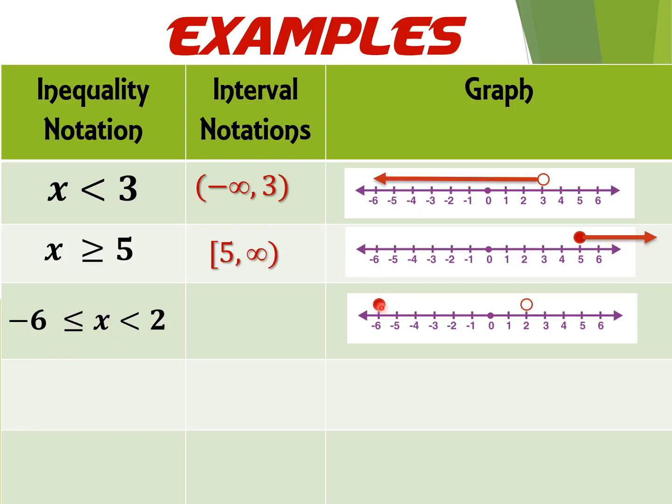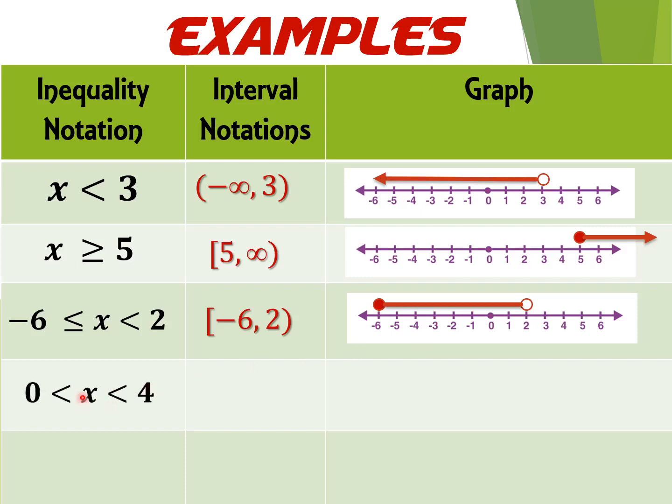The elements can be found between them, so you just connect the two circles. So those are the graph of the solution set. For the interval notation, again, closed circle is bracket, open circle is parentheses, and then you copy the points. So you will have open bracket, -6, and then 2, close parentheses. So this is how you do it. As simple as that.